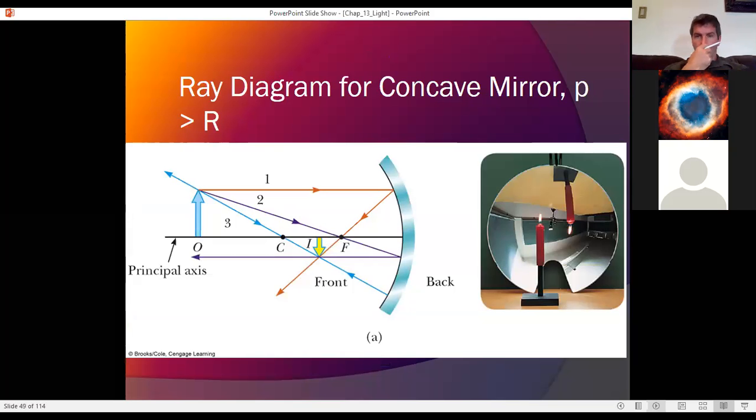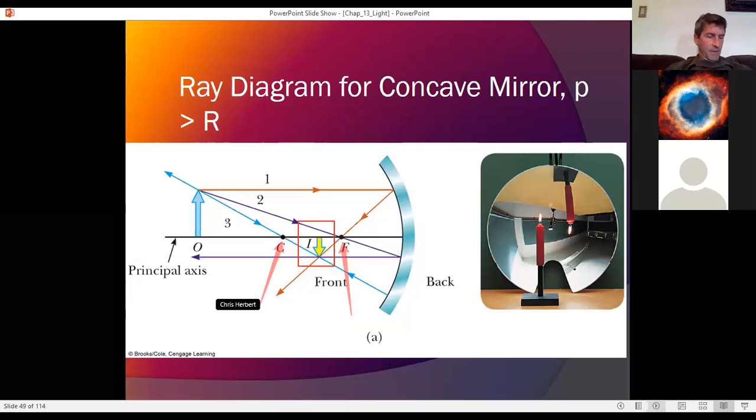Now, here we see that same setup we saw before, but this time we're using a concave mirror. If we place the object close to the mirror, okay? By the way, you can look into this in more detail. These mirrors have a focus, they have a center of curvature.